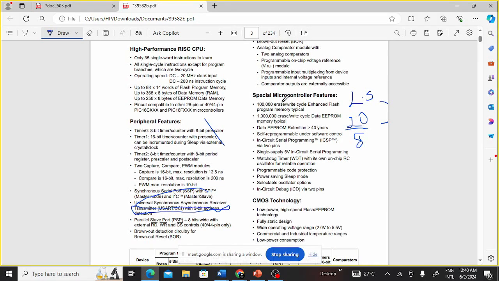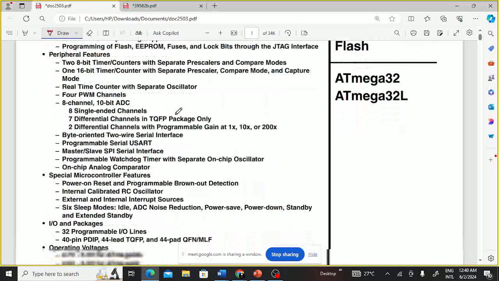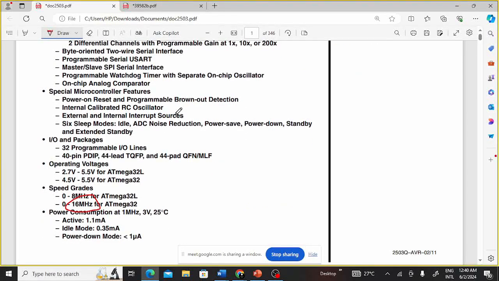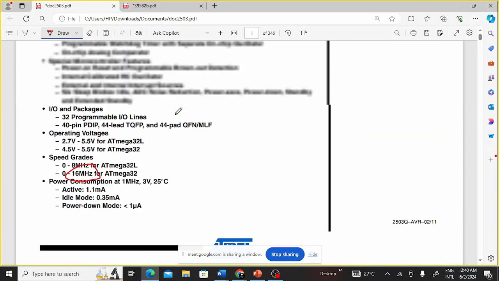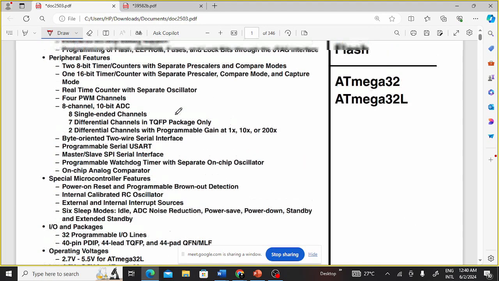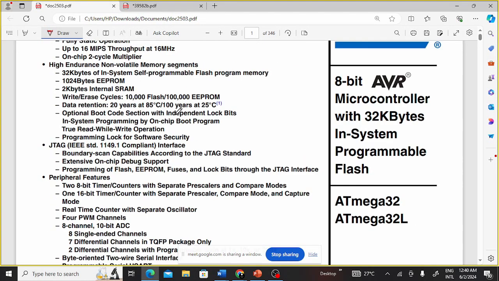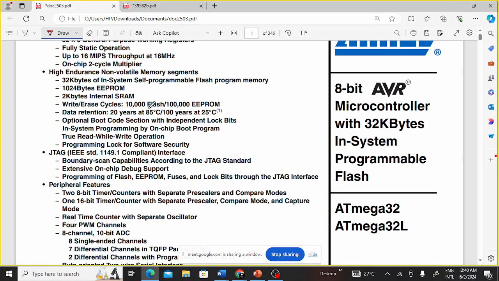It has 100,000 erase and write cycles for flash memory. Let's look at this. What does this give us? I think we read that last time. Okay, 10,000 for flash and 100,000 for EEPROM.